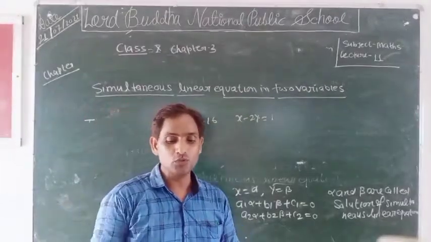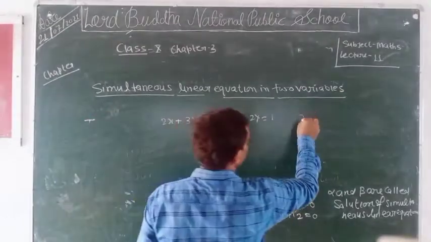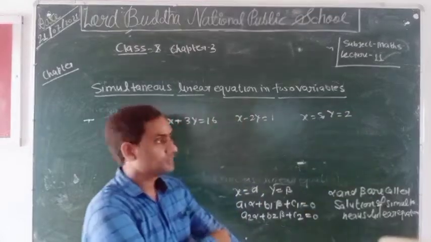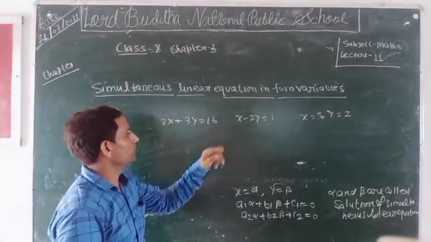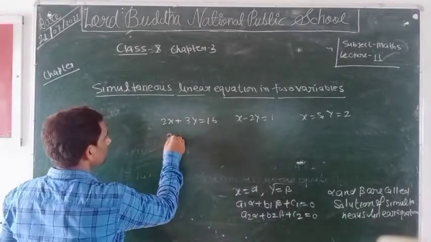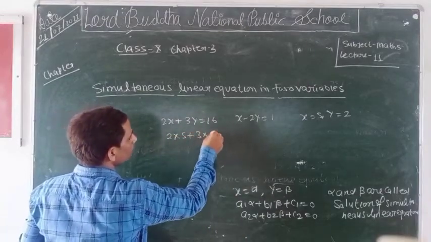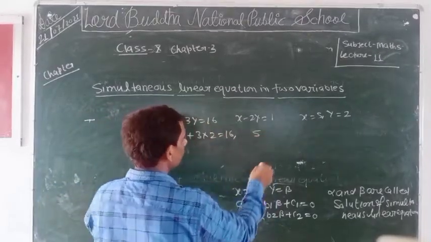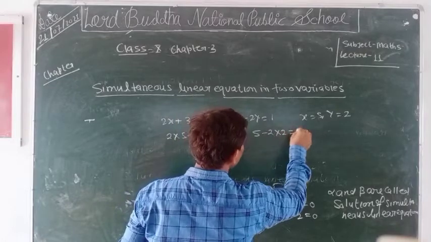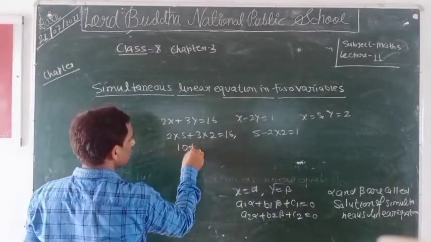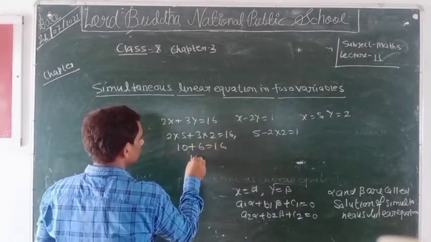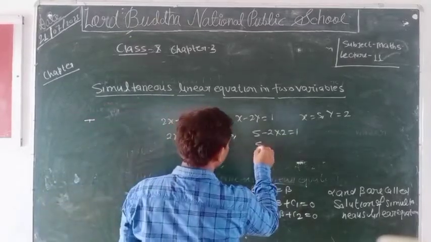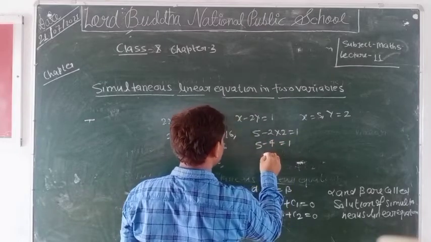The values x equal to 5 and y equal to 2 will satisfy these two equations, as we see that 2 into 5 plus 3 into 2 equal to 16 and 5 minus 2 into 2 equal to 1. 10 plus 6 equal to 16, so right hand side equals left hand side, and here 5 minus 4 equal to 1.